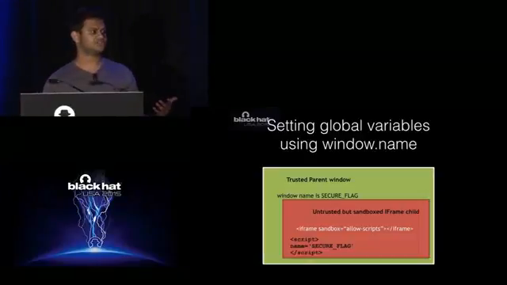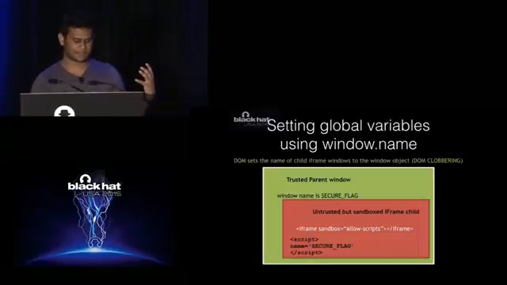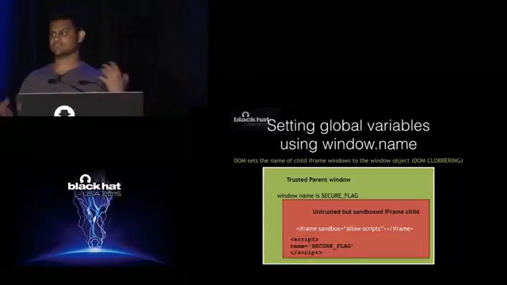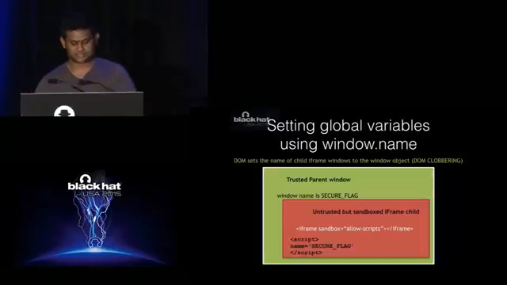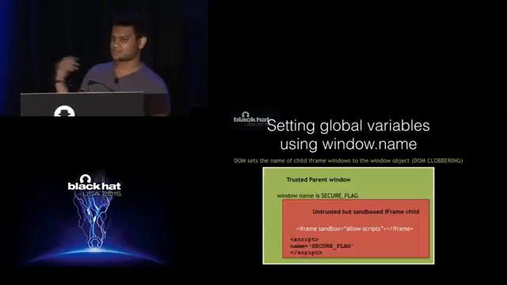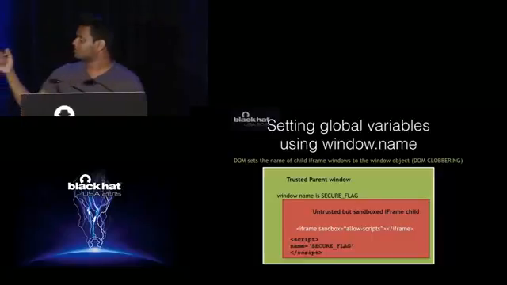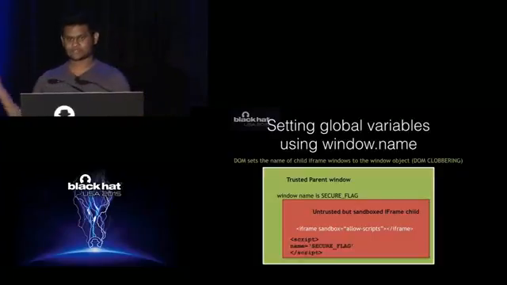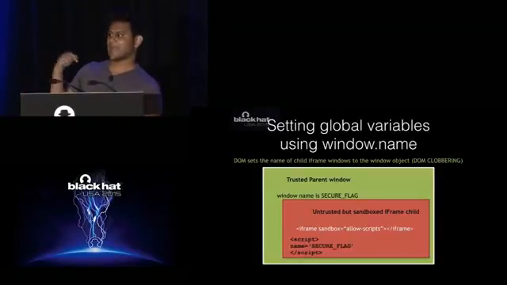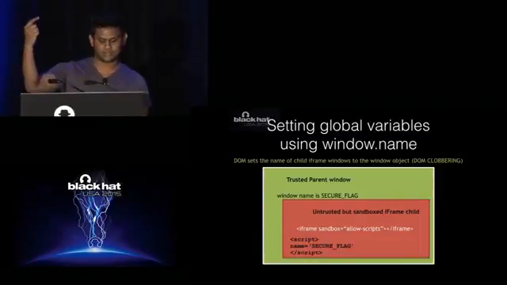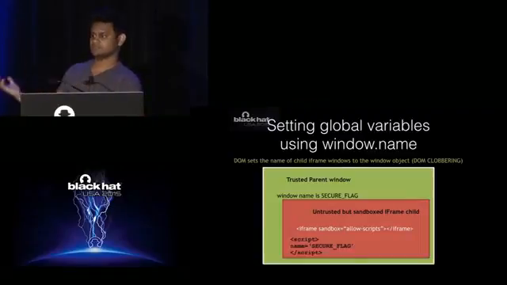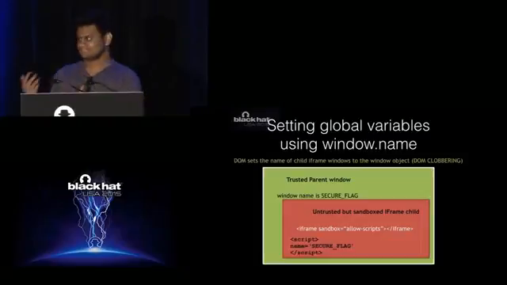In the DOM, one of the things shared between parent and child windows is the window.name. So what has actually happened here is DOM clobbering. Your child window was able to replace the actual secure_flag global variable in the parent window by changing its name to secure_flag, which created a new global variable in the parent window.